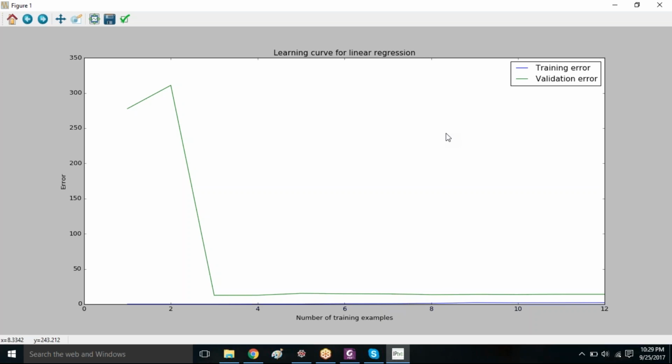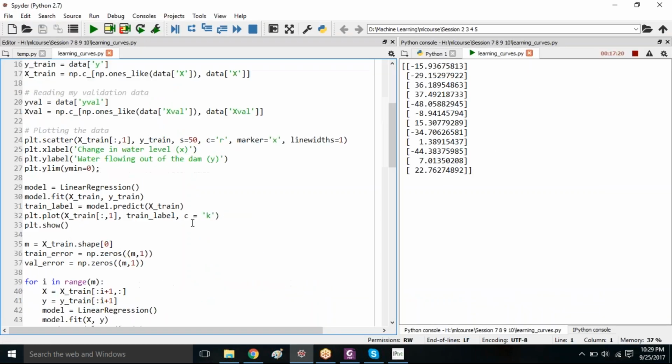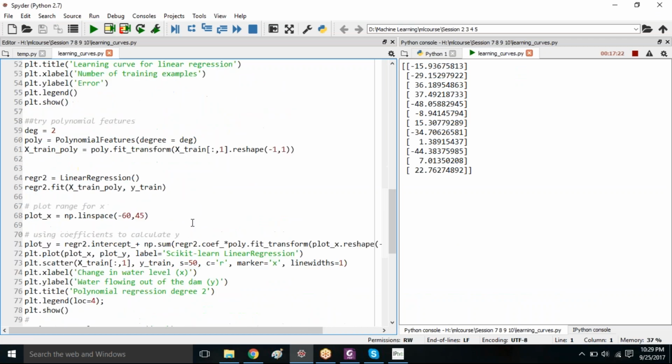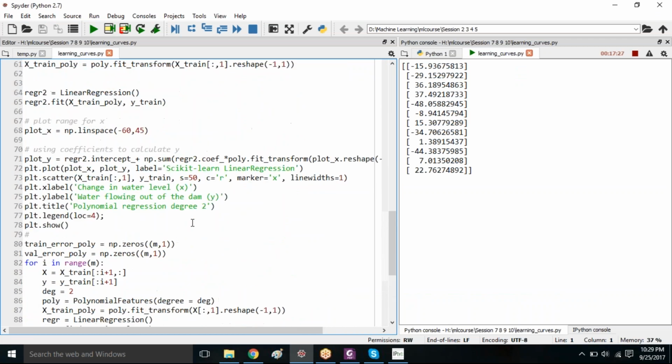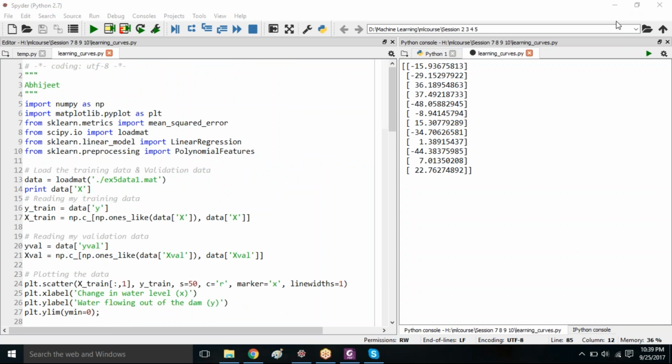In this program also, I have coded to show you how a degree 8 curve will look like. Maybe I have coded for degree 8 or degree 6, I have to look.